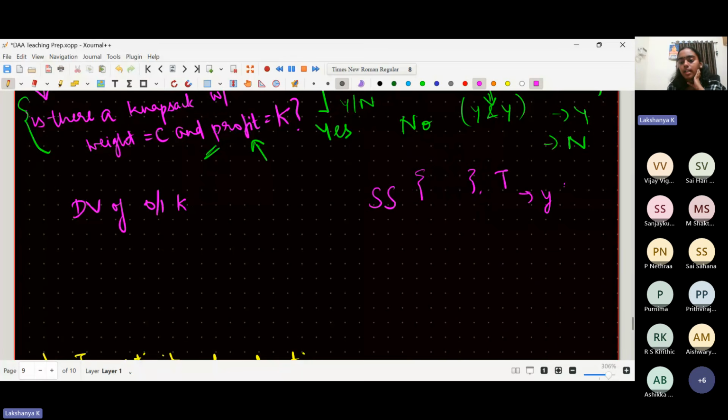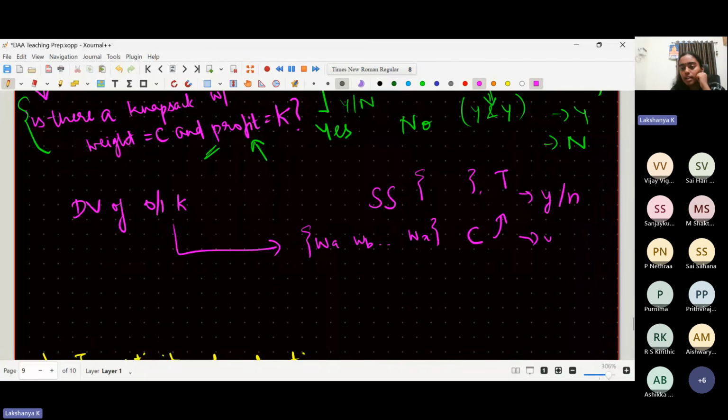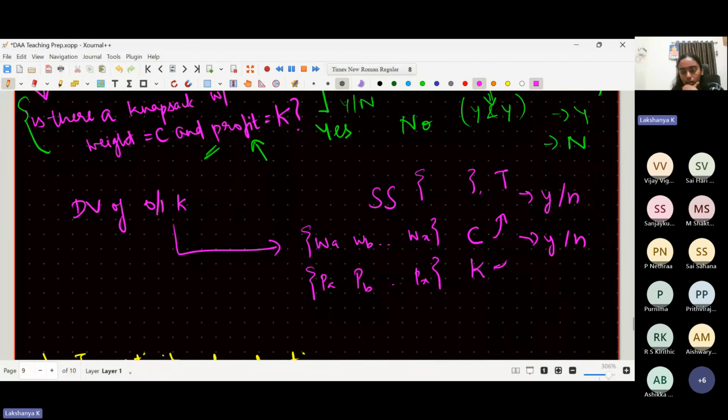It will give me either a yes or a no. So what I'll do is, I will take my subset weight A, weight B, and so on up to weight X, and the target C. I will pass these here. I'll get either a yes or a no. Again, I'll use the machine. I'll take the profit A, profit B, the corresponding profits, and this target, I think I called it K. I'll pass that also to the machine. Again, I'll get a yes or a no.